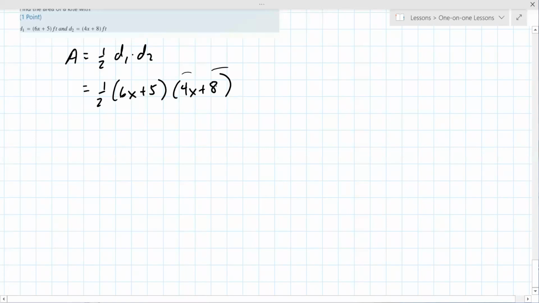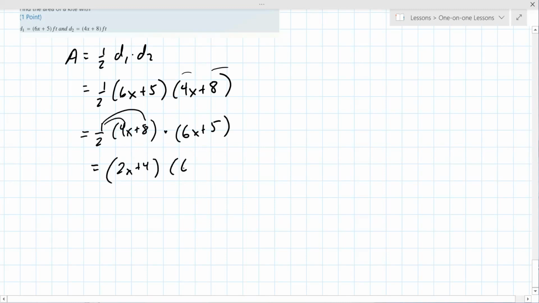And what I'm suggesting is to take half of this first. I'm just rewriting it. That's all I'm doing in this step. So you're gonna take a half of 4x and a half of 8. Oh, there. So that gets you the 2x plus 4, because you have to do it to both of those. But you don't do it to this one because it's multiplying. It just combines with one term.